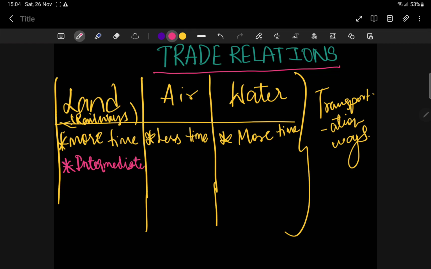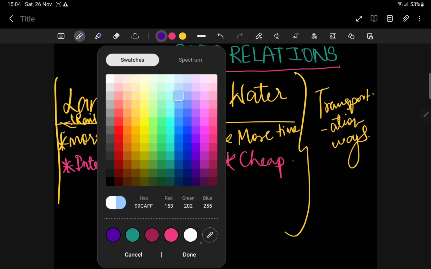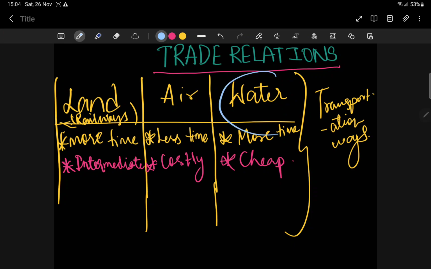It's intermediate. Coming to air, it is very, very costly. Coming to water, it is very cheap. Now, what would you tell? Of course, most of you will be likely to choose this water only. Right? This water.